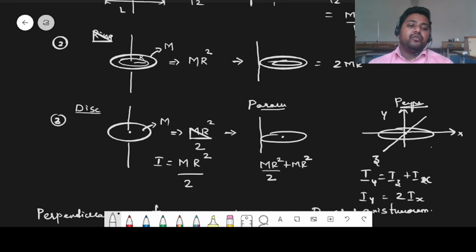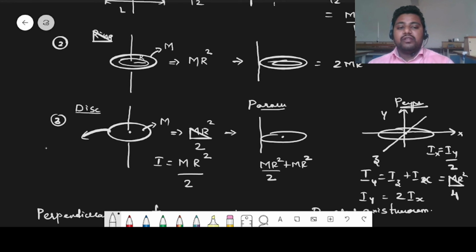If I ask you to find Ix, you can write it as Iy divided by 2. Iy you already know is m r square divided by 2, so divided by 2 means m r square divided by 4. So the moment of inertia along the z direction or x direction, Ix is equal to Iz is equal to m r square divided by 4.